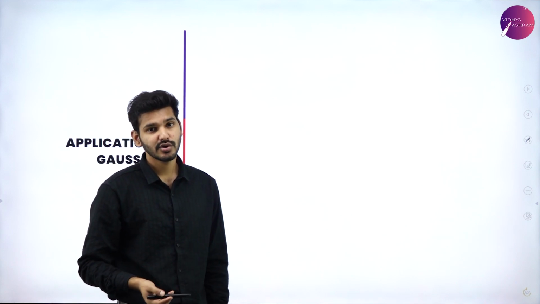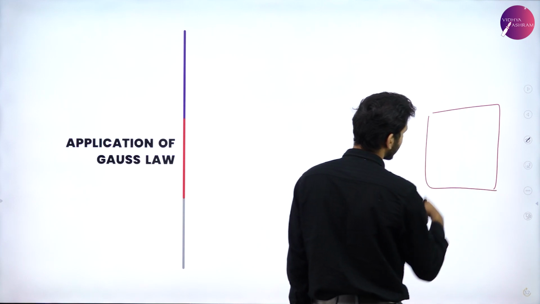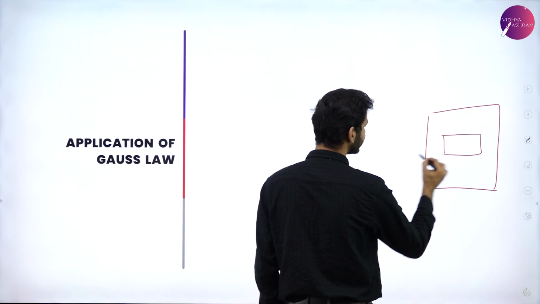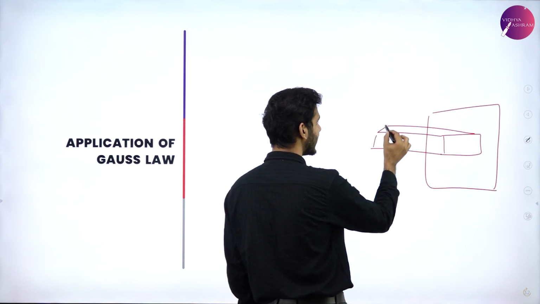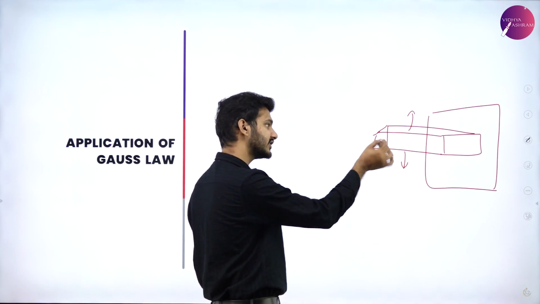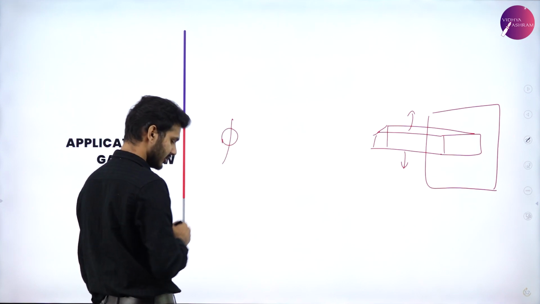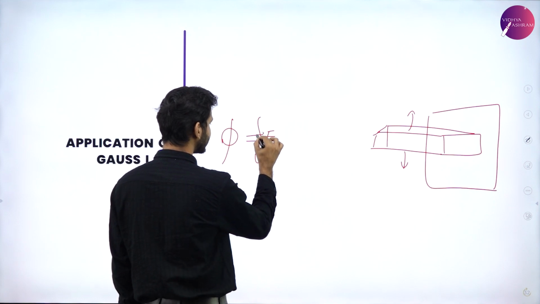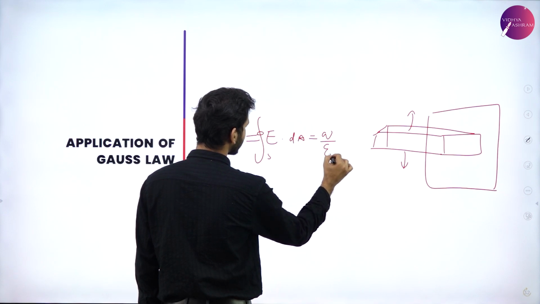So what did we actually do? We actually considered a plane sheet which was uniformly charged and the positive charges were spread evenly throughout. Then we considered a Gaussian surface to enclose that charge, and we knew that the vertical components cancelled each other out and there were only the horizontal components which added each other, and we knew that phi or Gauss's law is given by phi is equal to the closed surface integral E dot dA is equal to Q by epsilon naught.